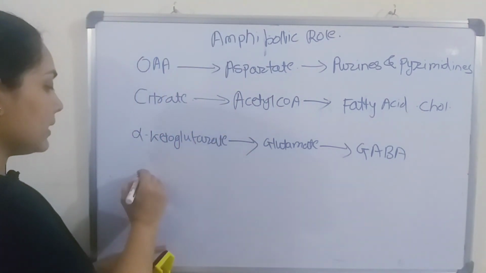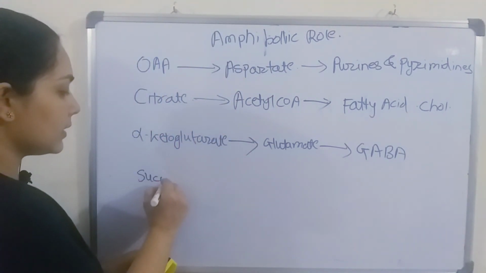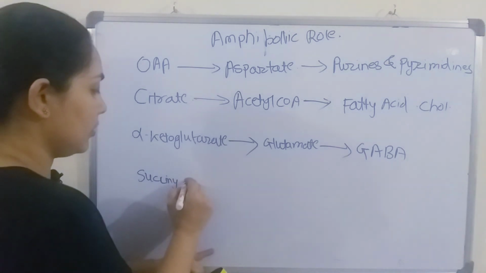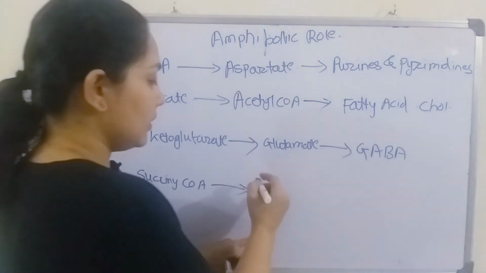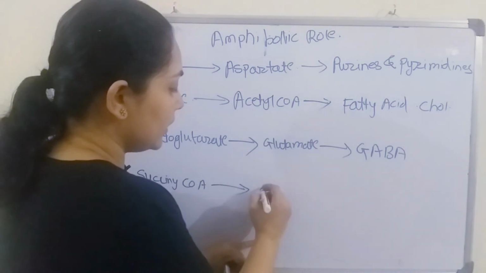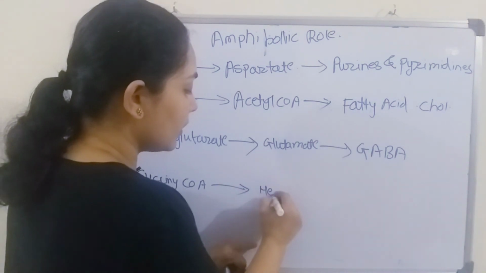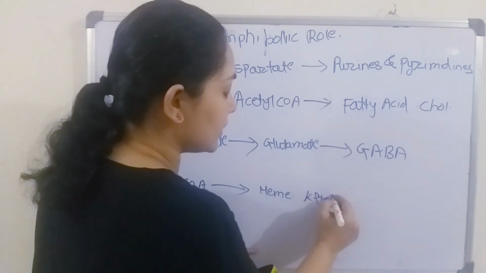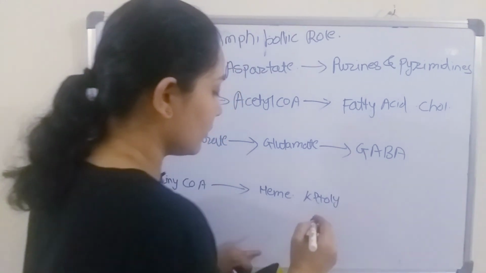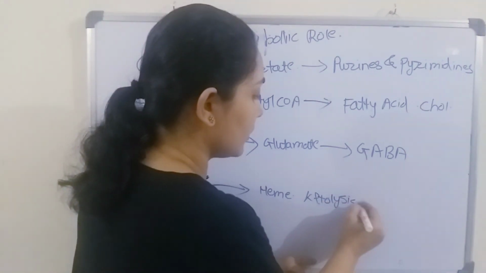Okay, and the last is succinyl coenzyme A, which will be involved in the synthesis of heme and ketolysis. Okay.